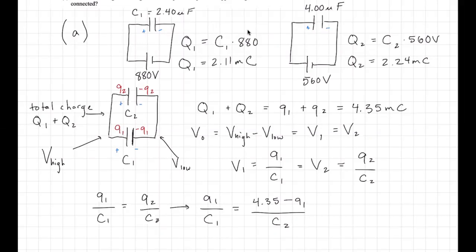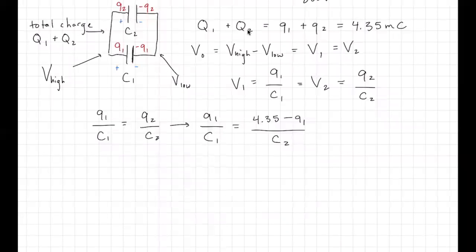So there's some algebra here. So I'm going to do some algebra. Scroll down a little bit. So bear with me. C2 Q1 equals C1 times 4.35 minus Q1. Then I want to clump all the Q1s.